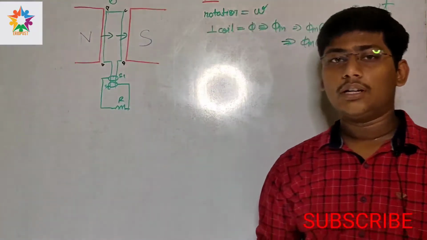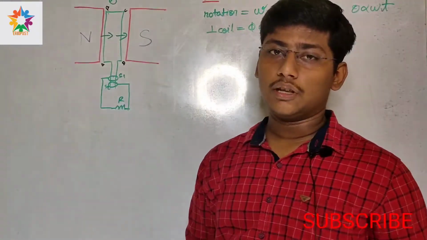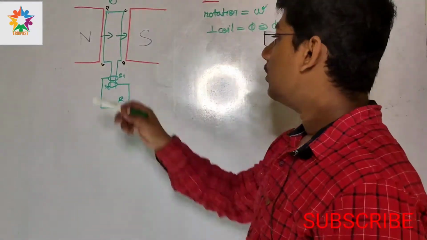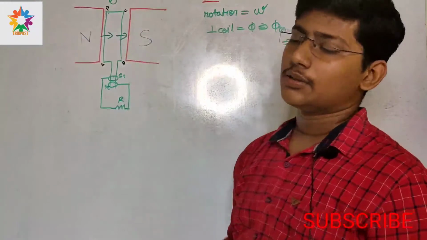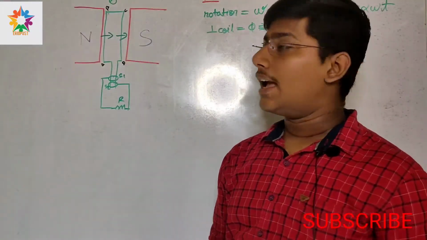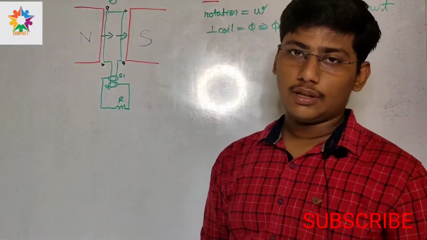Now let me ask you a question. Here instead of one coil, if we have 2 or 3, 4, n coils, the coil placed between the magnets will experience more flux. As they experience more flux, they will be in a state of rotation.